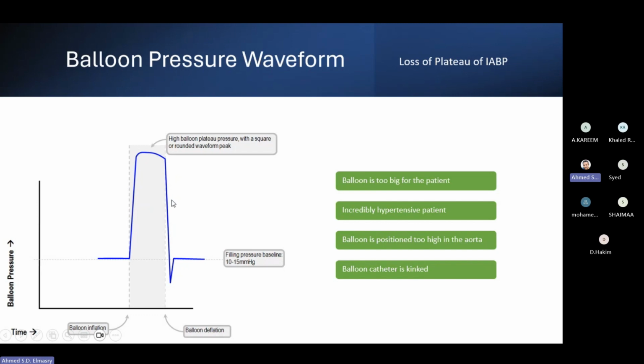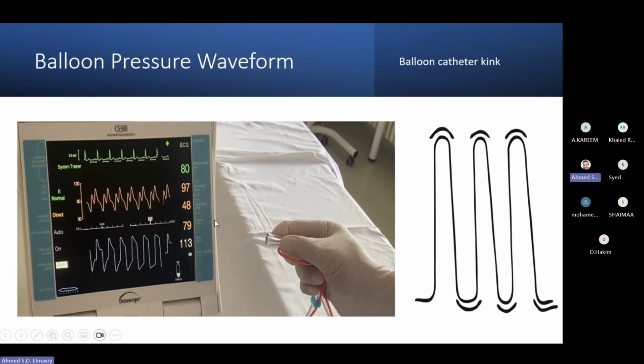This shape might happen if you have a very big balloon, or if the patient is extremely hypertensive, or if the balloon is very high in the aorta, or you might get this simply because the intra-aortic balloon is kinked, like this one here.